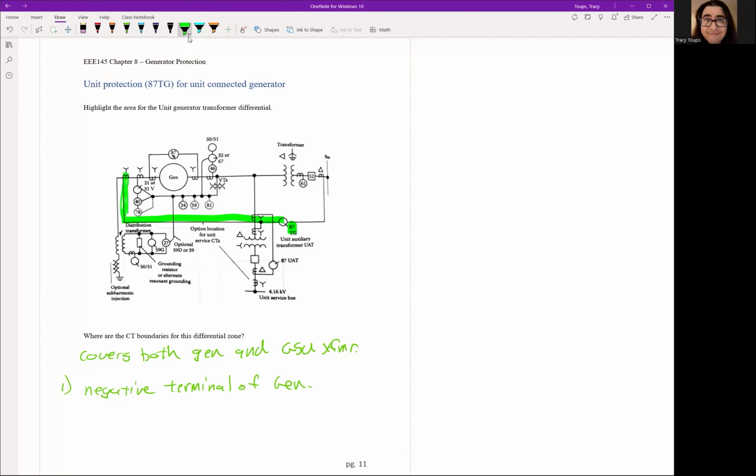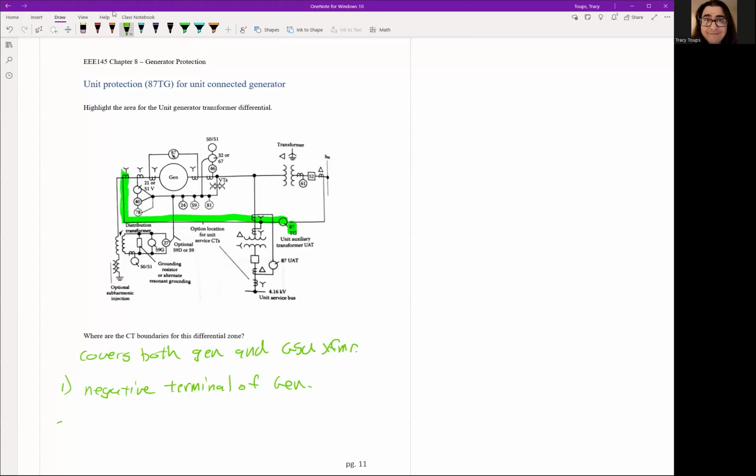Okay. Notice that this is a completely separate CT from the other one, the 87G itself, right? Because remember, one of the rules is for any differential zone, we want to have a specific CT for that one specific relay. We don't want to share CTs with other relays on a differential zone. Okay, so that covers the negative terminal of the generator.